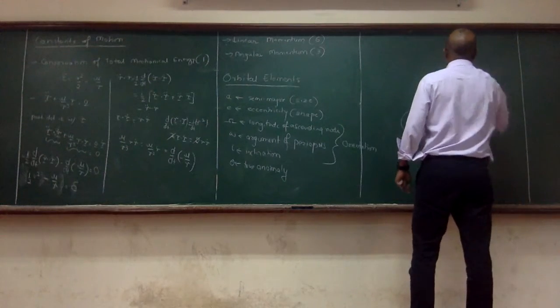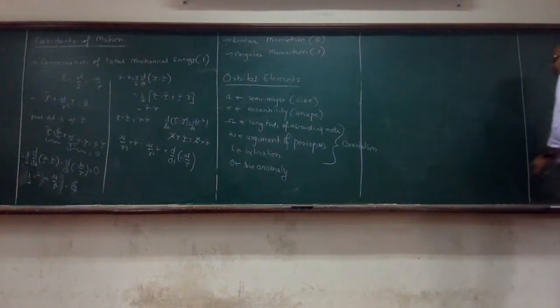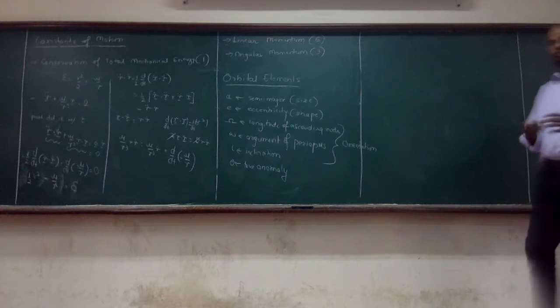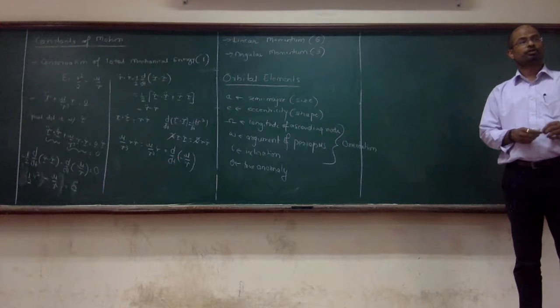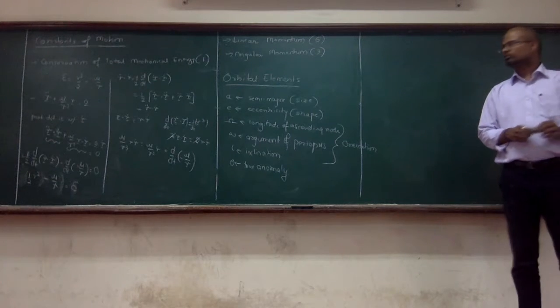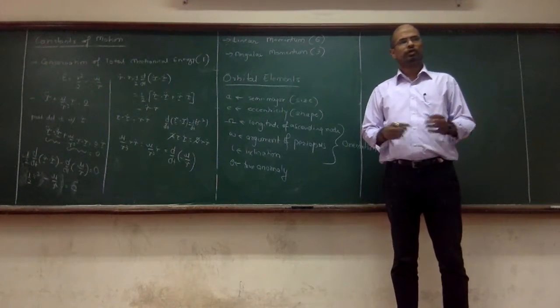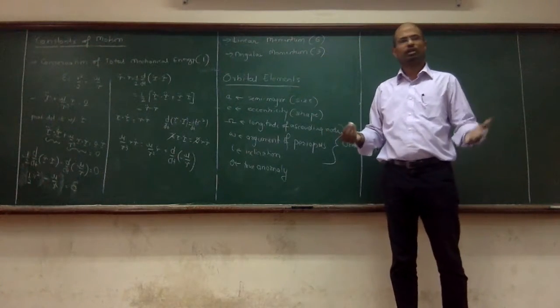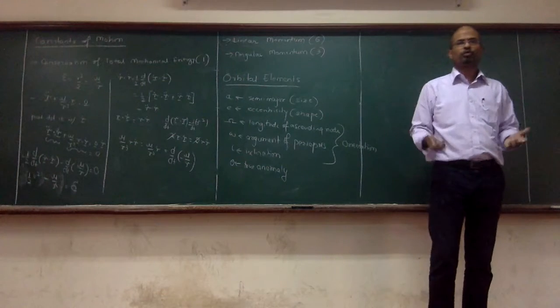and if you really want to have an appreciation, you should read his contribution. Just read about Euler. Euler did a whole lot of work. When you talk about motion, there are two aspects: translational motion and rotational motion.